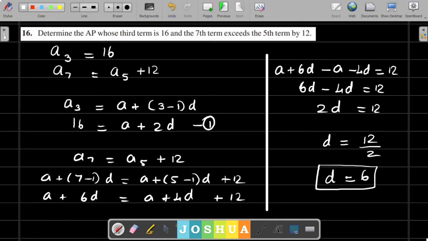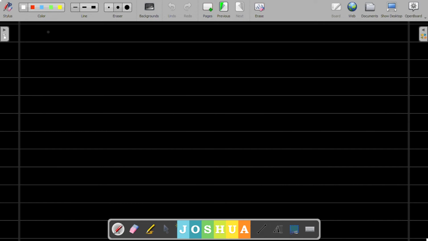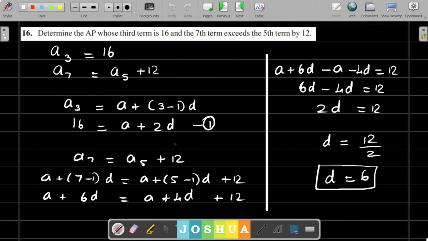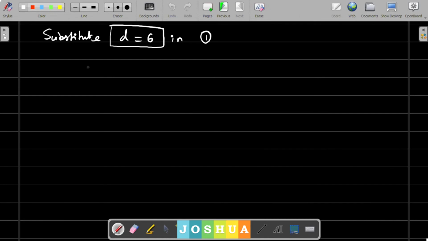Okay. So now I am going to substitute the value of D in any one of the equations. So first equation I am going to substitute here. Substitute D is equal to 6 in equation 1. What is equation 1?